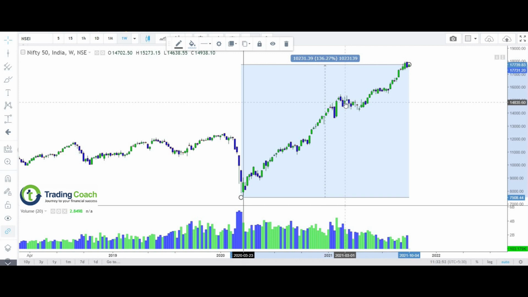It is really a huge move in the index prices, and whenever the index or any particular stock has made such a significant movement, it often leads to a correction. This has been the case in the historical data.